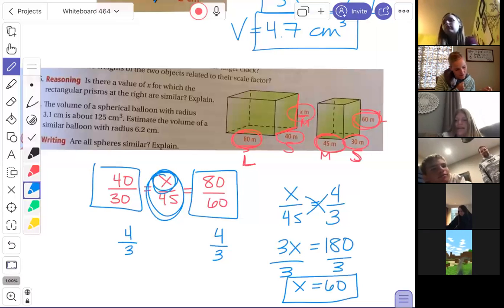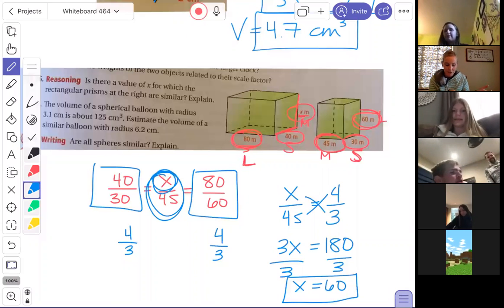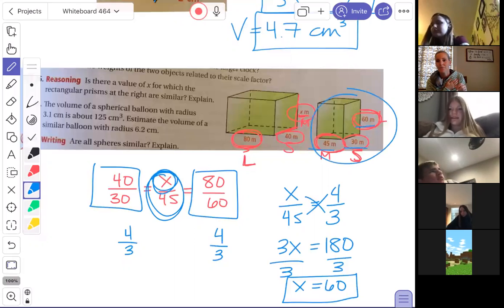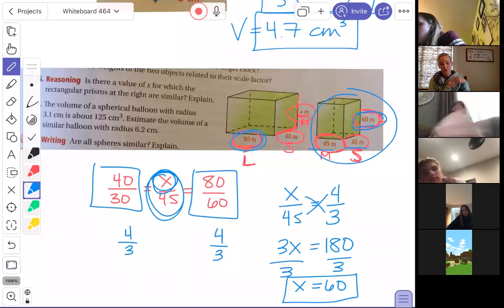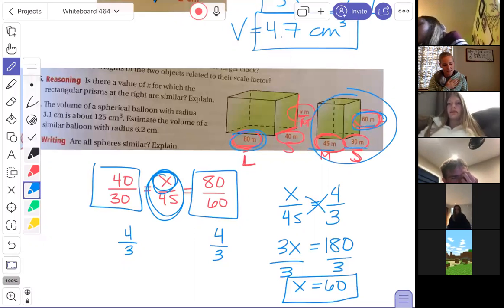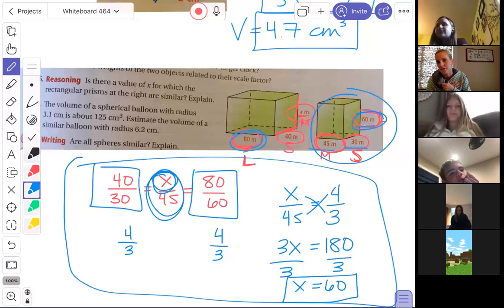They don't tell you any volumes, but you could find a volume of this: 40 times 30 times 60. You could find a volume ratio using 80 and 60 and set up a proportion that way. I think the way I did it is simpler, but you can use a volume ratio, more like what we did in the lesson. That's up to you.